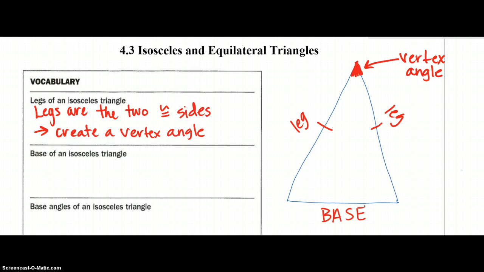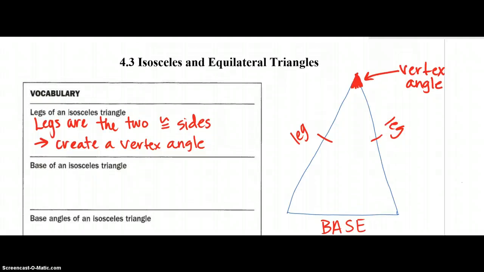Now, you might say that the base is on the bottom, but remember, this triangle can be rotated, so it's not necessarily going to be on the bottom, but it's going to be the third side in the triangle that is not the legs, basically. So it does not have to be congruent to any of the others.